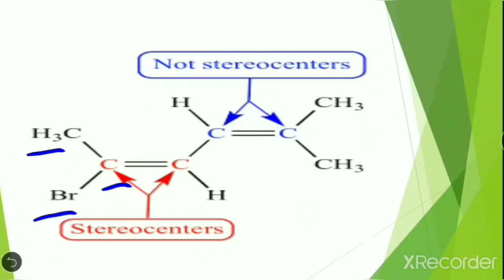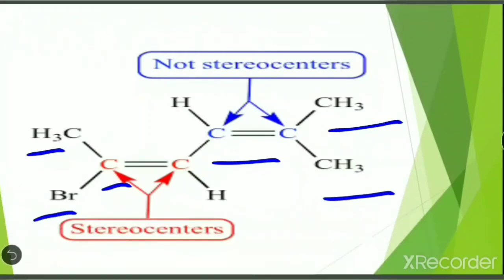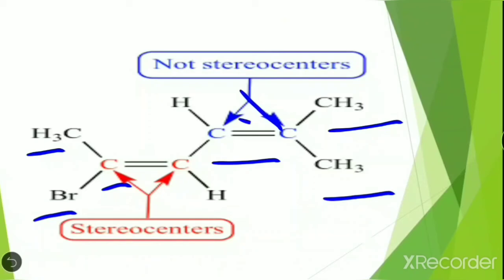So all the groups are different, so it is a stereo center. But you can see in this example the CH3 and CH3 groups are both the same group, so this is not a stereo center, meaning all the groups should be different.